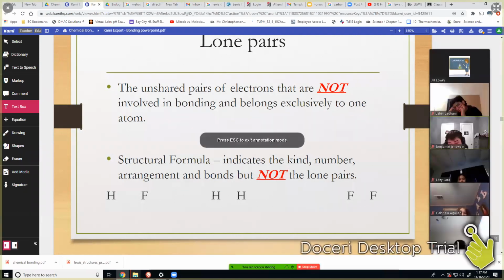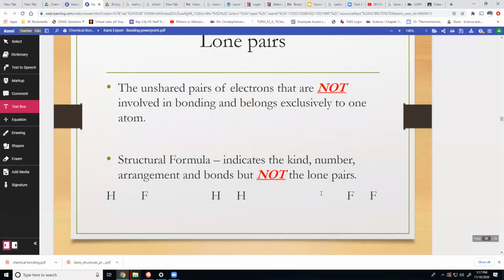So that would be where you just simply drew where the bond was, and you didn't draw all those lone pairs. They were just assumed to be there. We're going to do it with all the lone pairs, because what we're doing today is drawing Lewis structures, and it helps to see all the lone pairs.